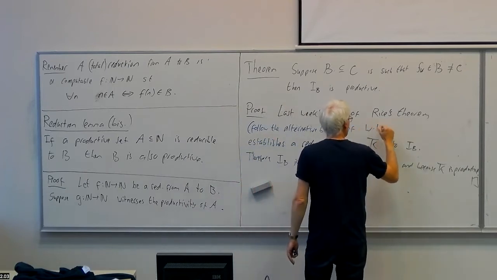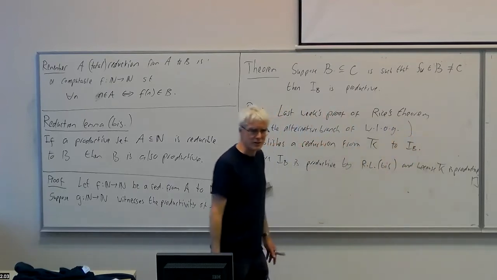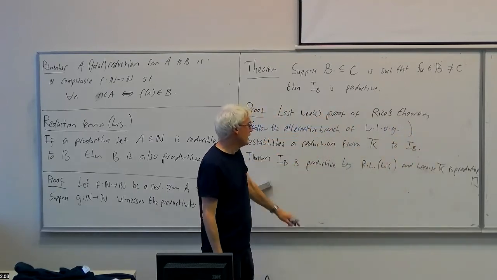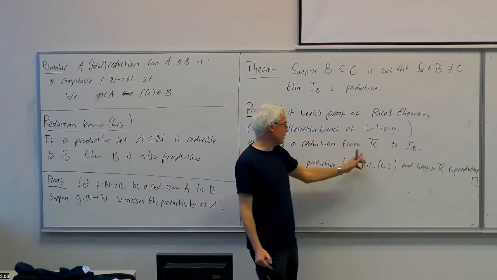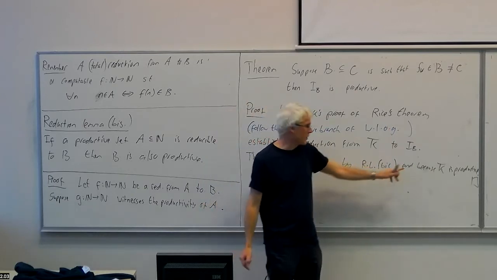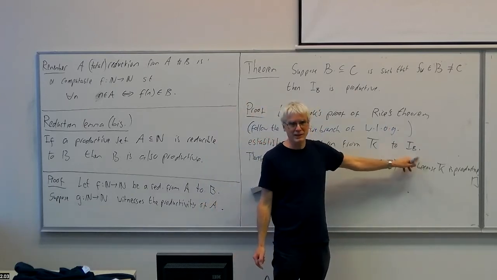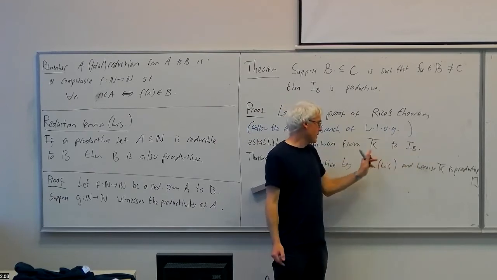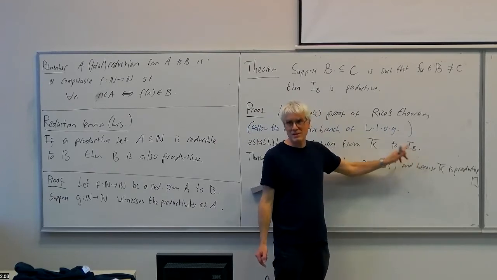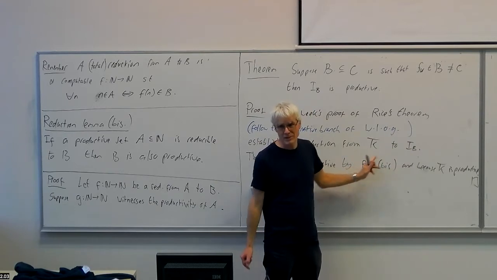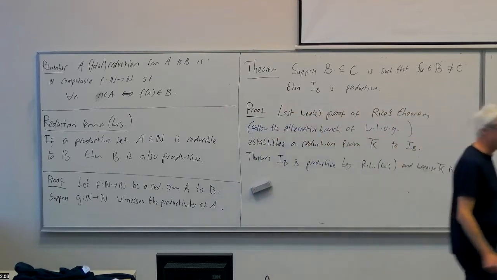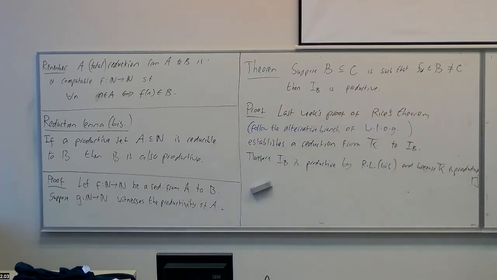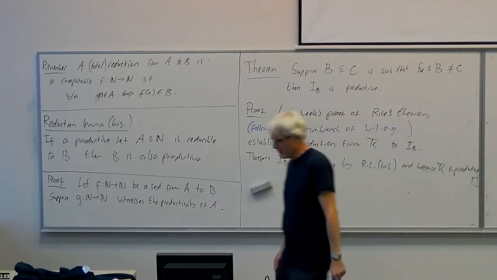And when you do this, you'll actually find that you get a reduction from K to the complement of I_B. But a reduction from K to the complement of I_B is the same thing as a reduction from the complement of K to I_B. So those are the slight qualifications, but basically this holds.